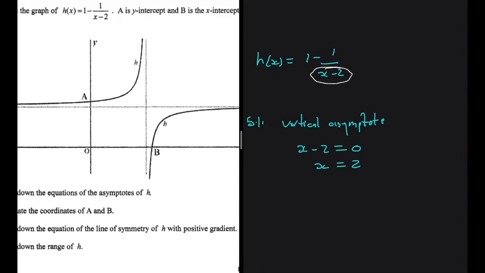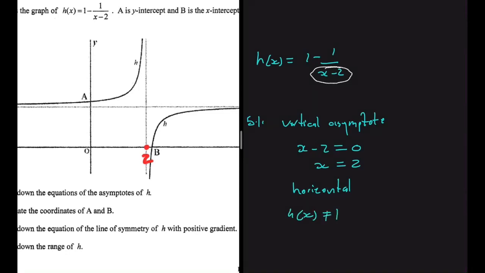So at this point here, the x value is 2. Now that we have the vertical asymptote figured out, we just need the horizontal asymptote. So let's go ahead and find it. Now I want to show you something. h of x can never be equal to 1.